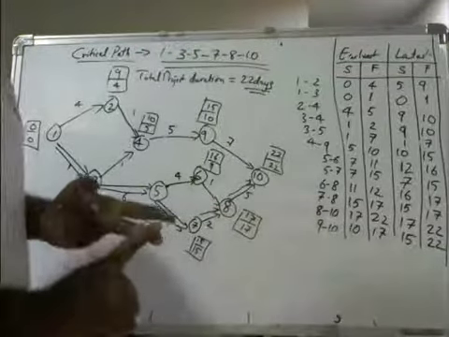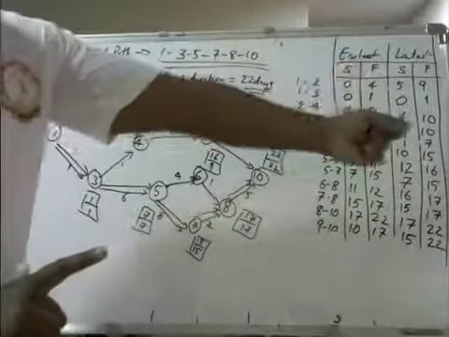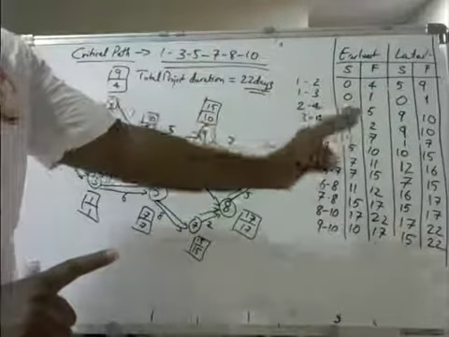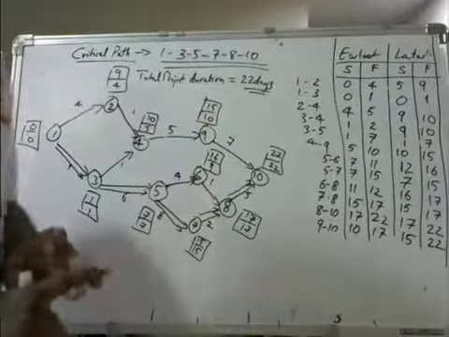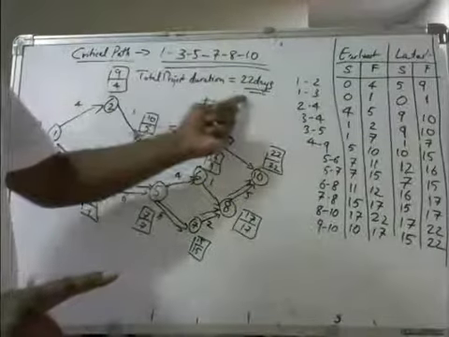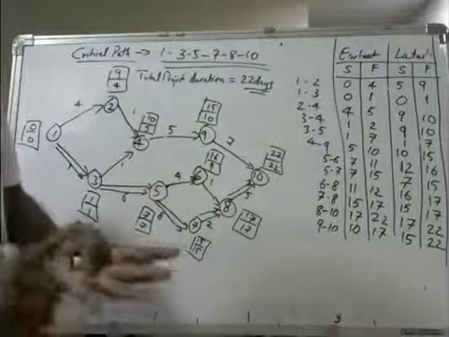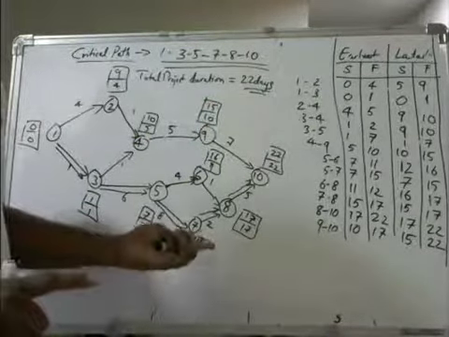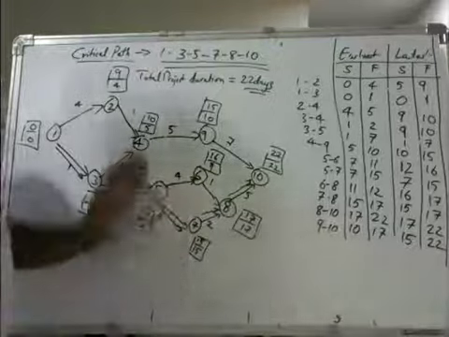Second, you have computed the earliest start and the latest start and finish times. Okay, earliest event times and latest event times you have calculated. You have determined the critical path and total project duration. Okay, you have done that. Fourth, you have computed total float and free float for each of the activity.